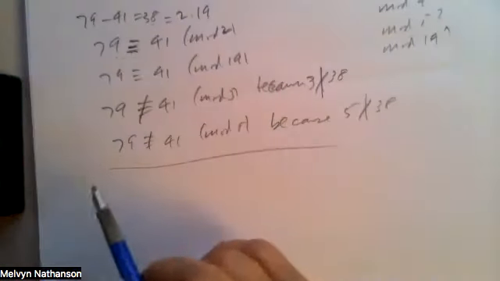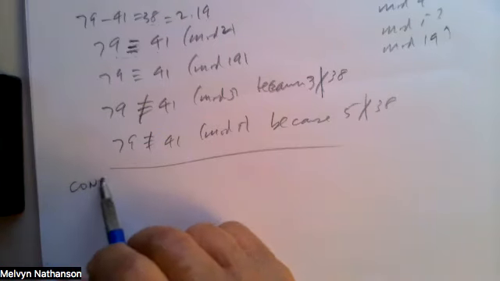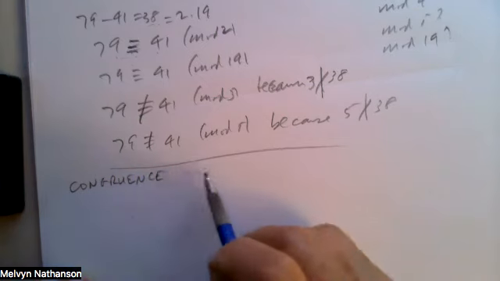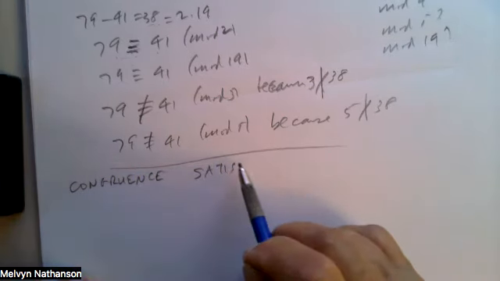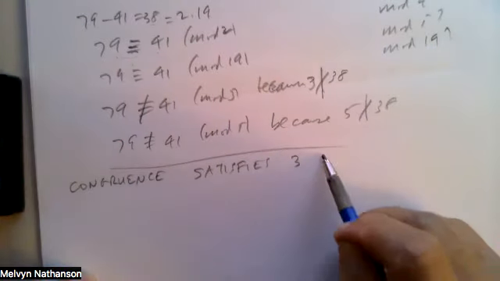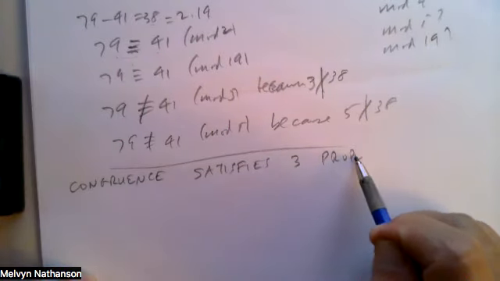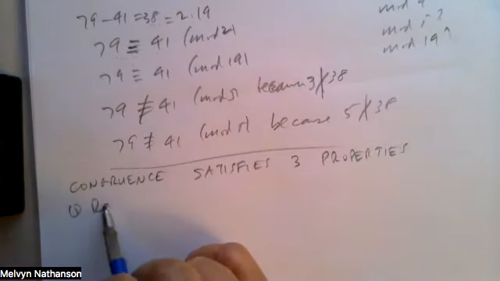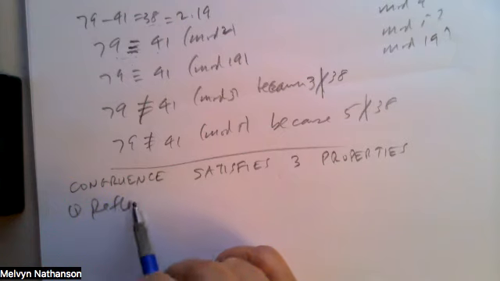And then the relation of congruence satisfies the following 3 properties. The first property is called reflexive.